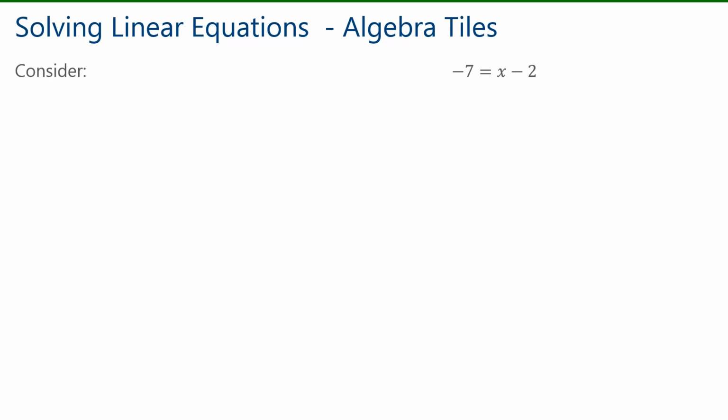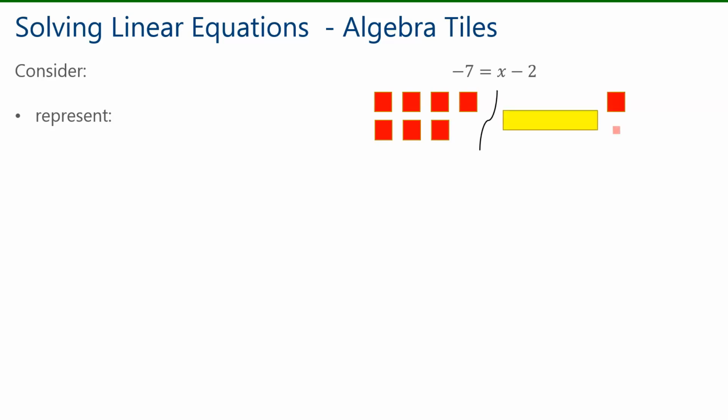In our third example, we have -7 equals 1x subtract 2. Let's represent the left-hand side, 7 negative unit tiles, and on the right-hand side, 1 variable tile to represent the x, and then 2 negative unit tiles for the -2.